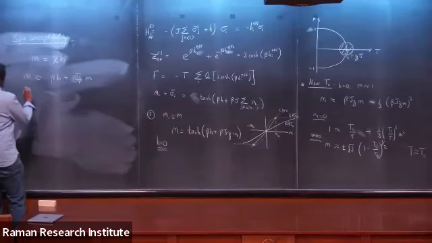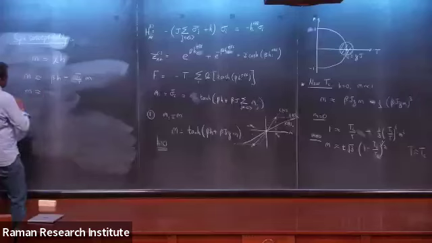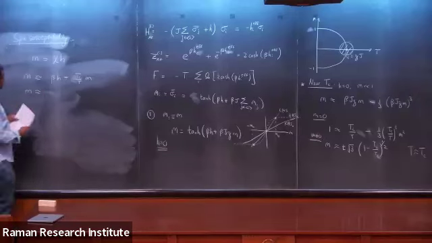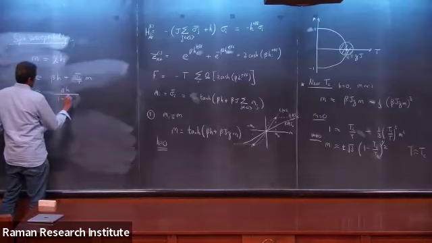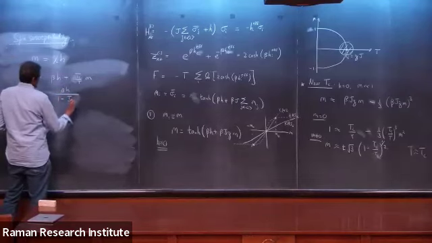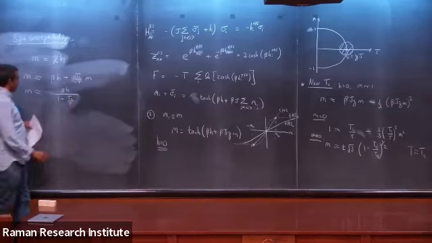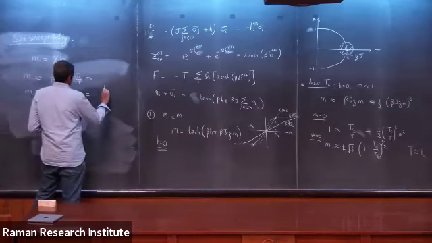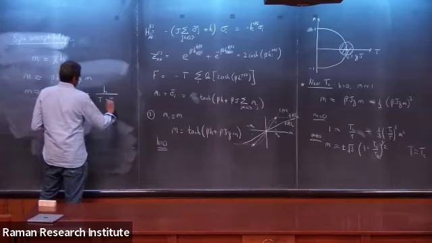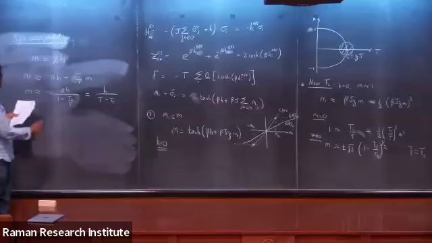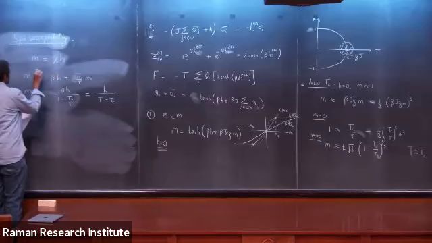Now I can solve this linear equation, and I find that m is given by beta h divided by 1 minus Tc divided by temperature, which is just h divided by T minus Tc. We're doing this in the regime where temperature is greater than Tc.